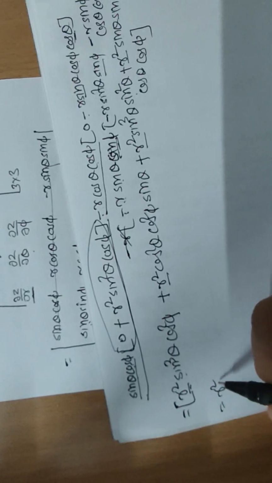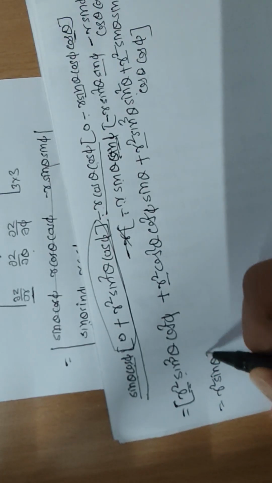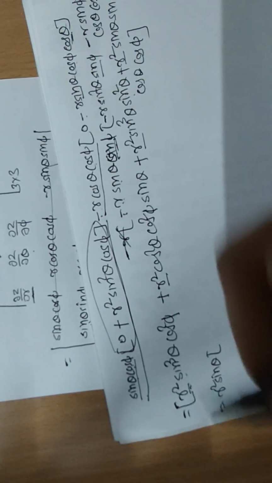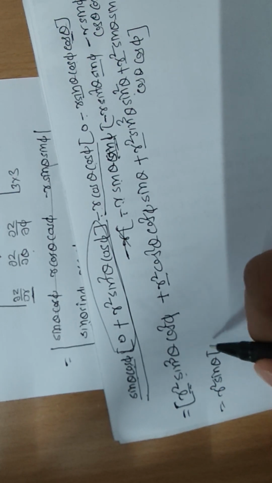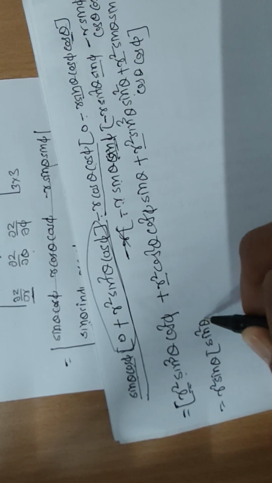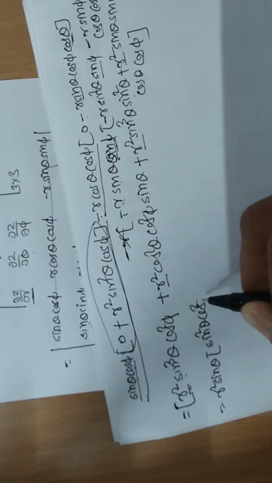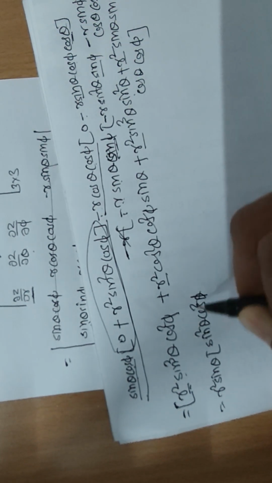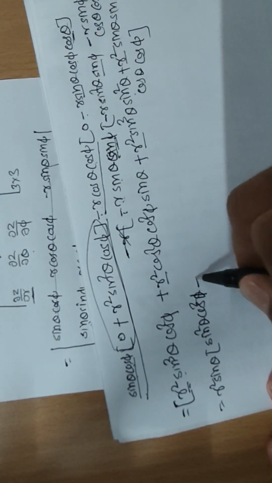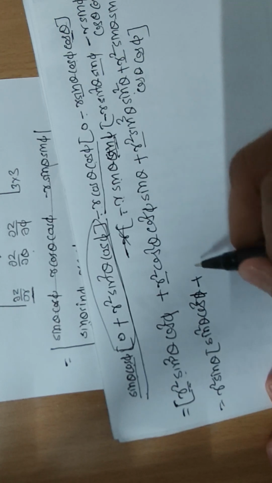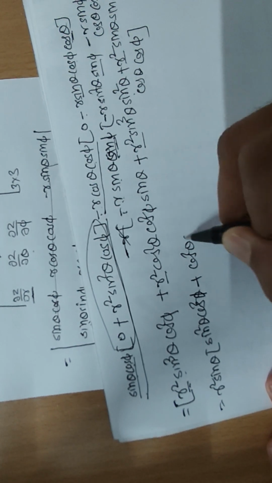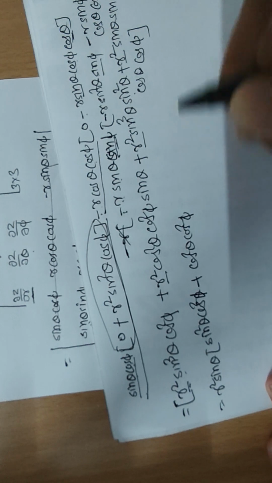So I am also taking sin theta as common, and writing the remaining terms here: r square, sin theta is common, and the remaining is sin square theta into cos square phi. Okay, this is not theta, this is phi, plus here the remaining term is cos square theta into cos square phi.